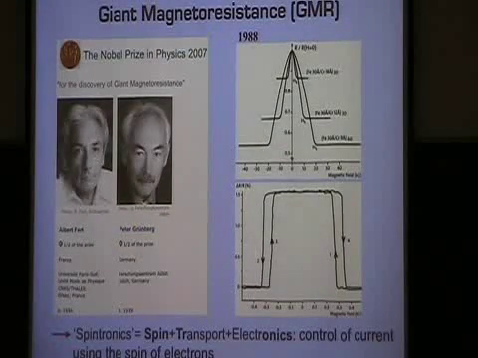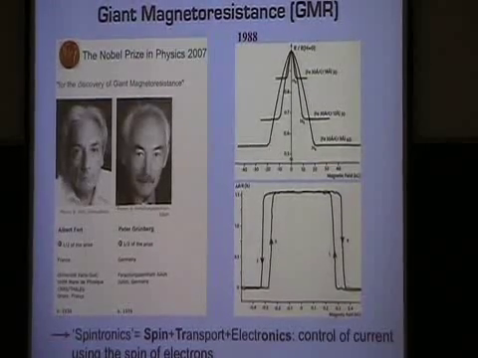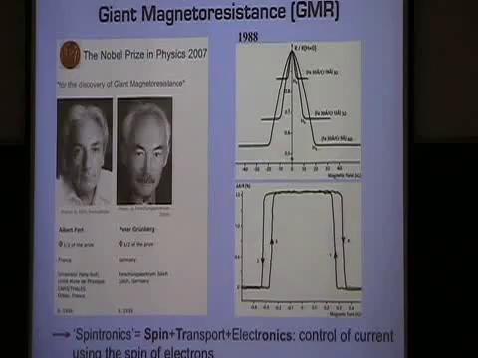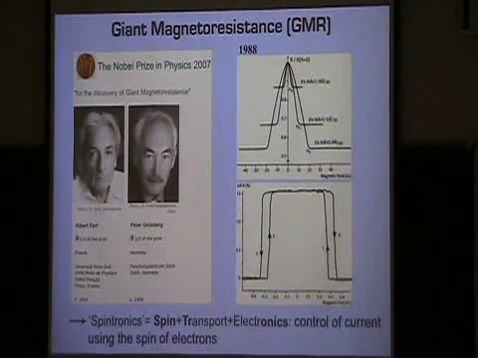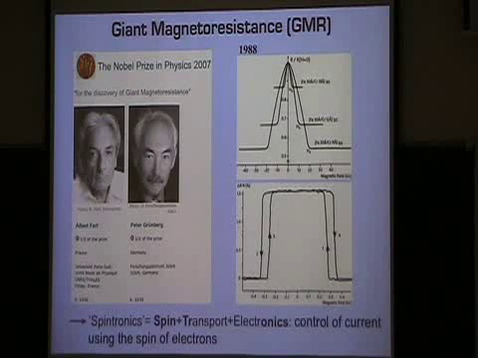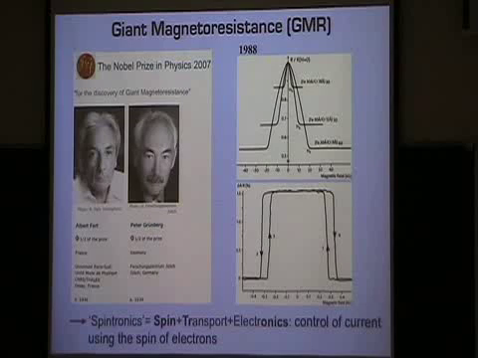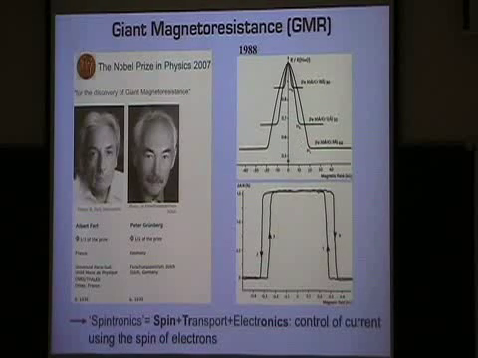So the story begins with the discovery of giant magnetoresistance. Giant magnetoresistance was discovered in metallic multilayers, ferromagnetic non-magnetic multilayers. What was discovered is that when you apply a magnetic field to layers that are initially oriented anti-parallel in an antiferromagnetic configuration, the resistance drops significantly when you reorient the layers into a parallel configuration.